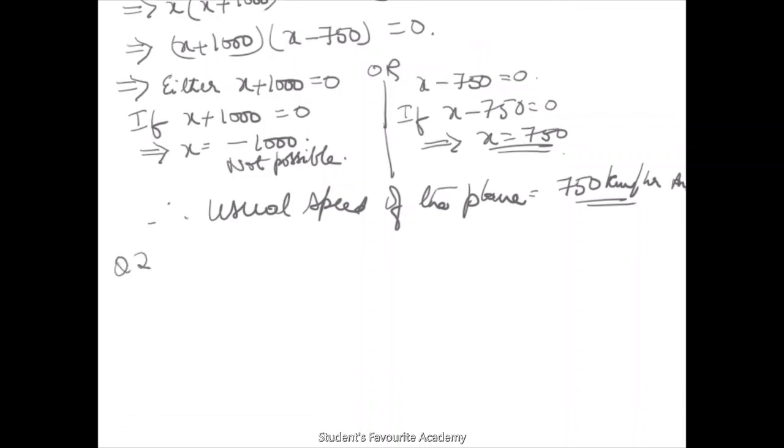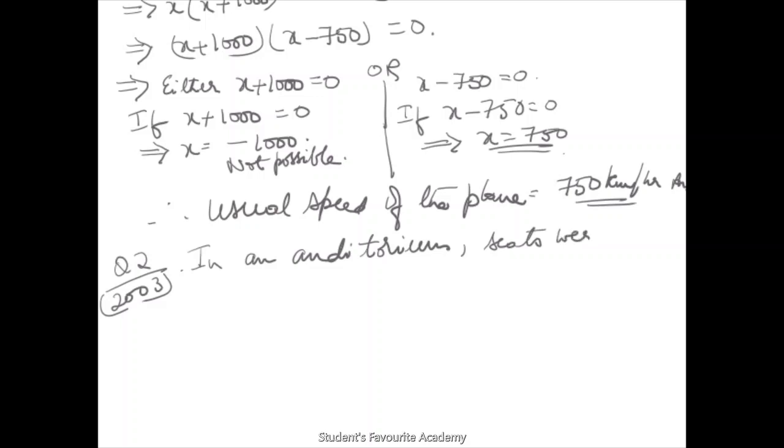This came in the year 2003. Okay, the question says, in an auditorium, seats were arranged in rows and columns.